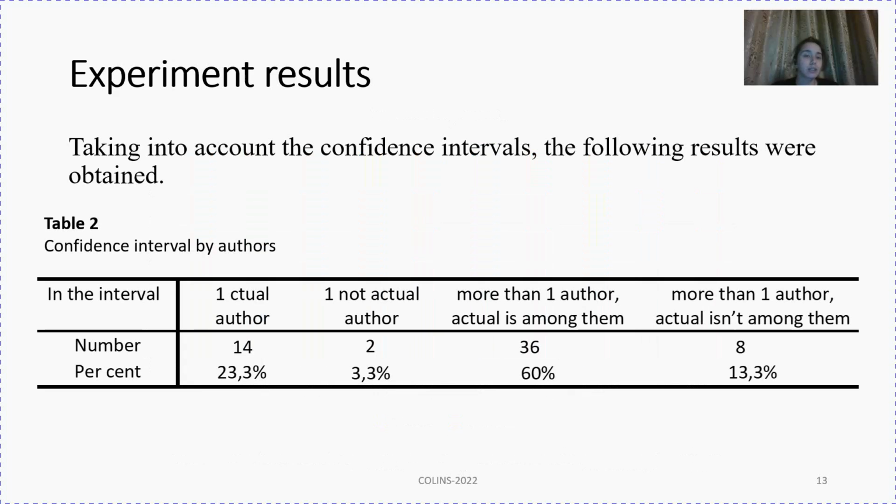Then we take into account the confidence interval and we get the following result. In 14 cases, the correctly recognized author was obtained, and it is 23%.